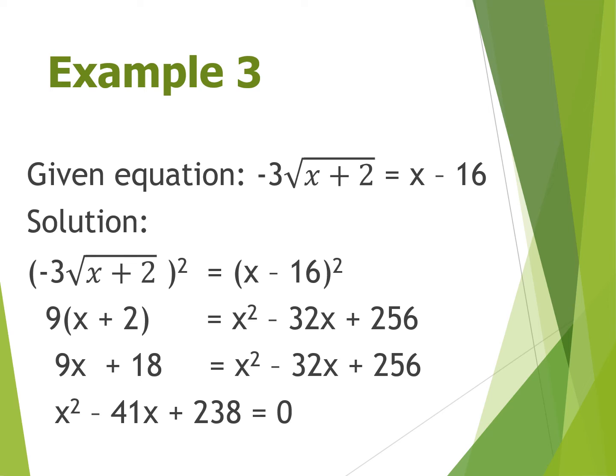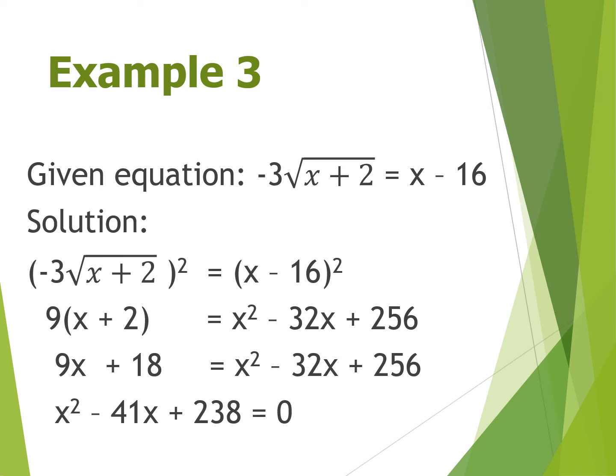We will add it to negative 32x. So negative 32x plus negative 9x is negative 41x. And then 256, transposing positive 18, so 256 minus 18 is 238. So we have now x squared minus 41x plus 238.